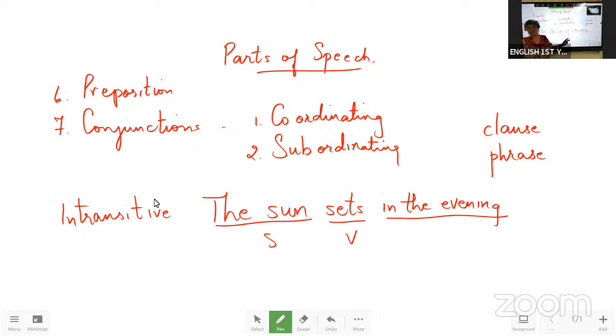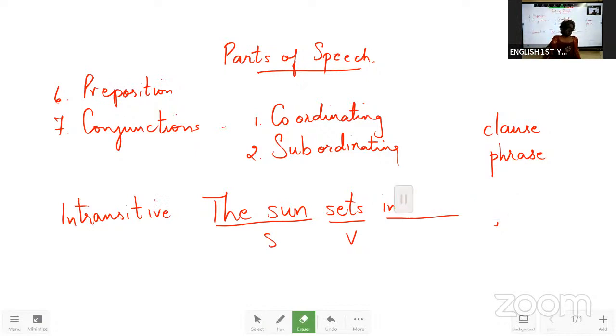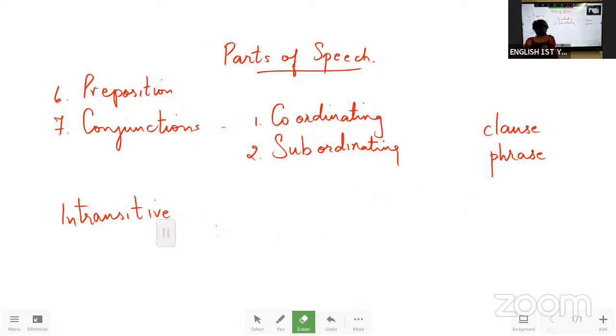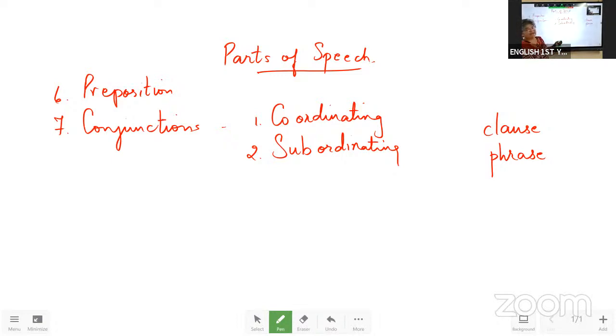That's the reason why you cannot have a passive voice. Anyway, coming back to clause and phrase, both are groups of words, but a clause makes sense because it has a verb, while a phrase does not make complete sense because it does not have a verb.